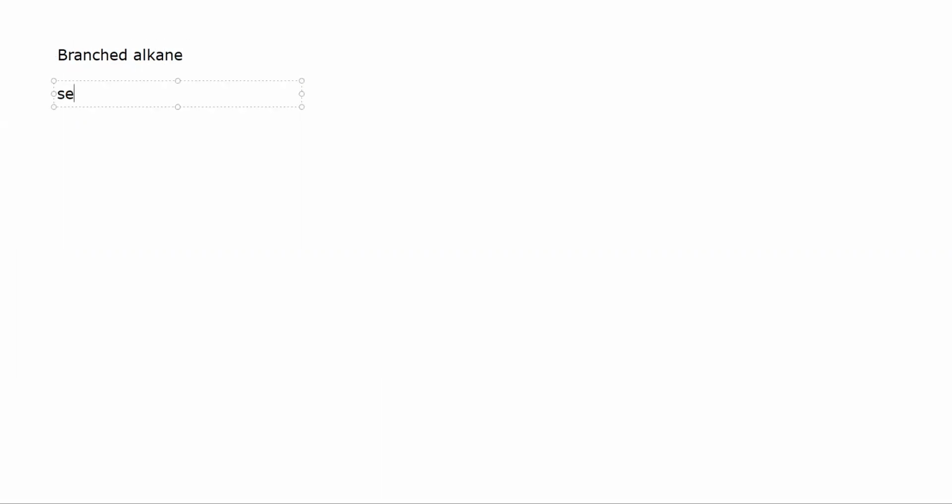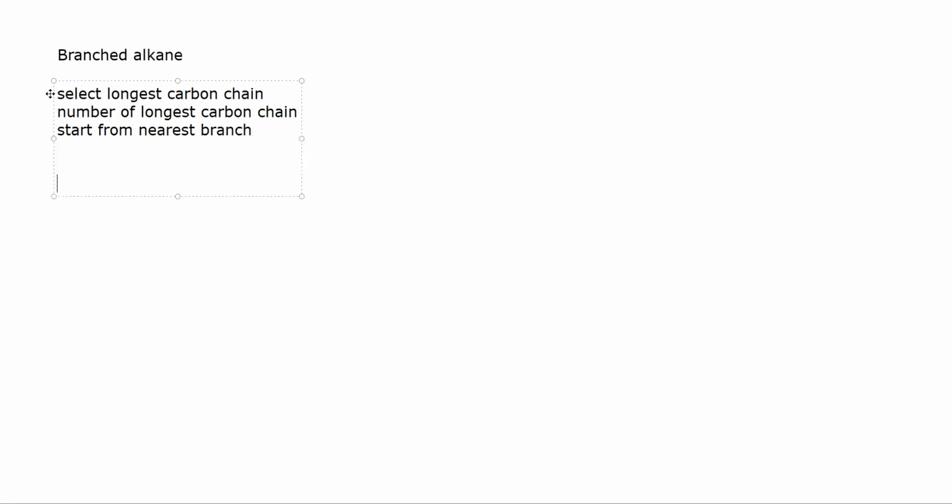Select the longest carbon chain. The numbering on the carbon chain starts from the nearest branch. Then first name the branch, and the branch should always have YL.